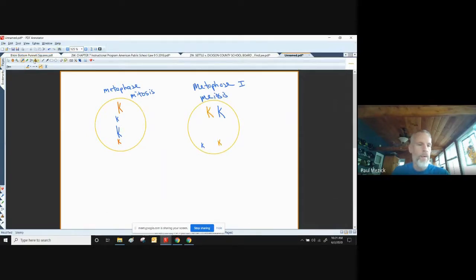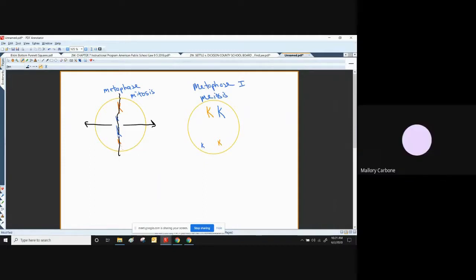So now what happens is when this cell divides right down the line through here, you're going to have one going this way and one going that way. And you know what they're going to end up as, right? Each one's going to have one of these. Yeah, they have to be the same level.